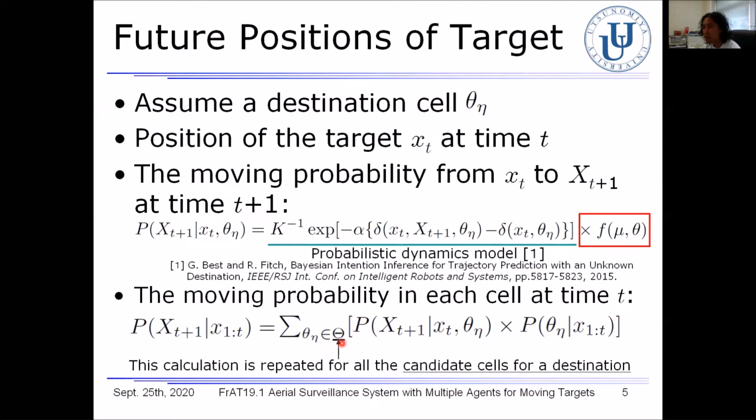So this calculation is repeated for all the candidate cells, okay? And here, a probability P is derived directly from this equation, okay? And this probability P is calculated using Bayes' theorem, given a series of the monitored positions, okay?